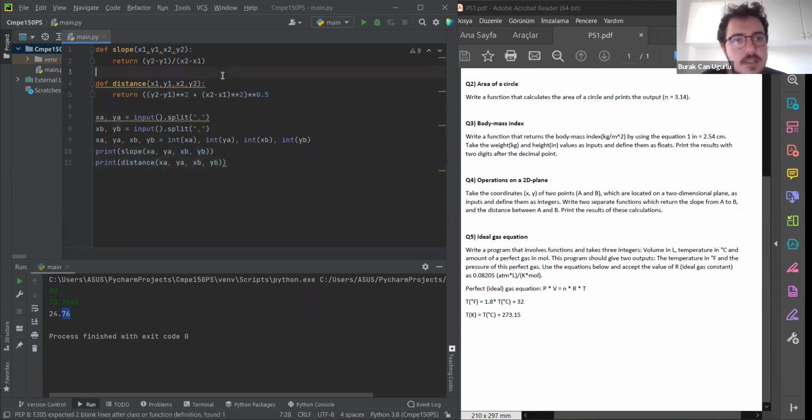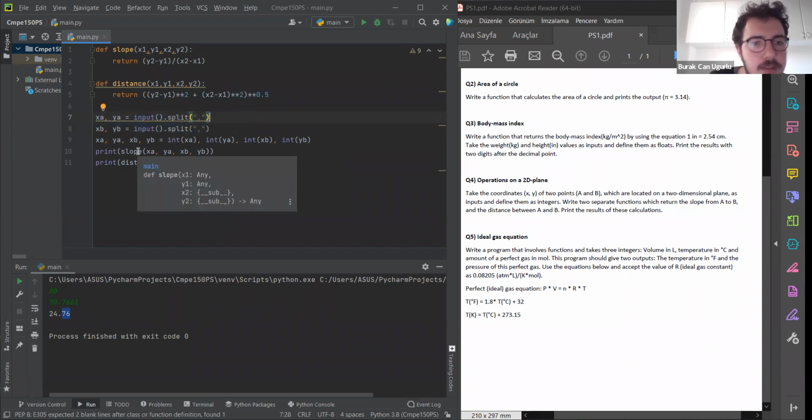So let us wrap up again what we have done. We have taken the x and y coordinates of A and also on the other line B, and these values are converted to integers, and the slope function is called in the print function, and these values are assigned as parameters here, for example xa and ya, and so on and so forth.